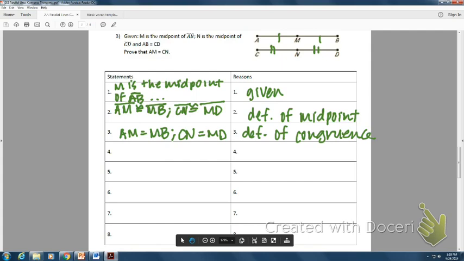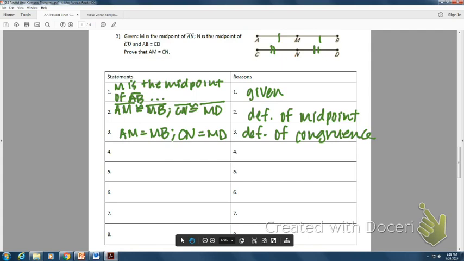We know all those pieces are congruent. Somebody give me something that might help us. AM is equal to ND. How would you know that? We can't use that yet.